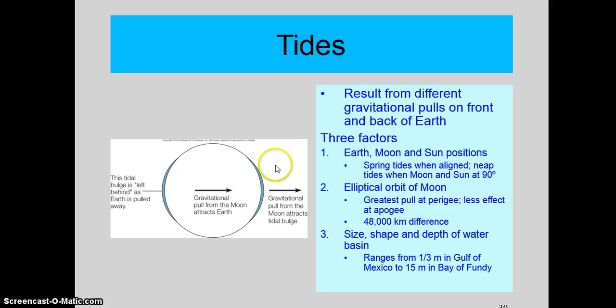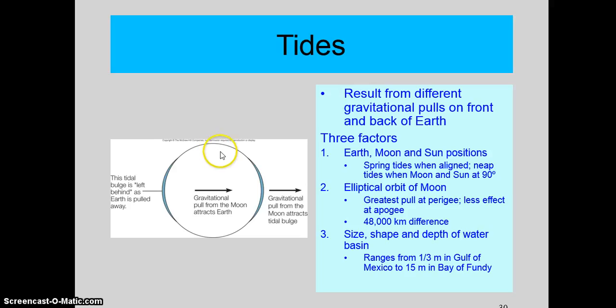What happens there is you have the lowest high tide. It's still a high tide, but it's the lowest it's going to be, because the sun is canceling out some of that, and the highest low tide. So the extremes are going to be the smallest.